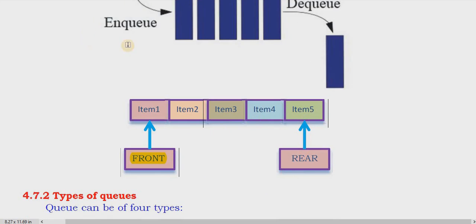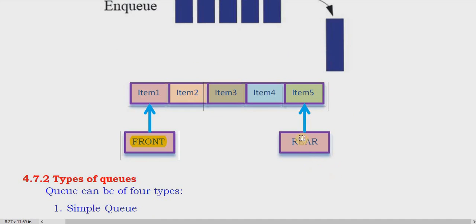The back end is sometimes also called the rear end. The rear end is always used for adding data and the front end is always used for deleting or removing data.